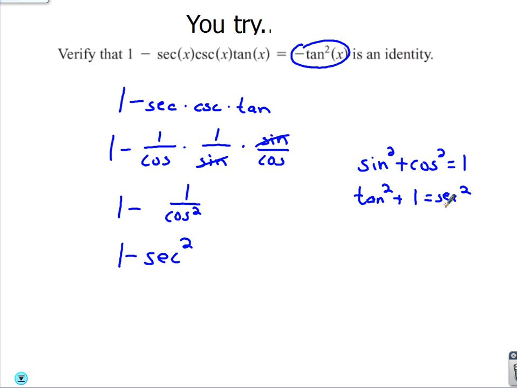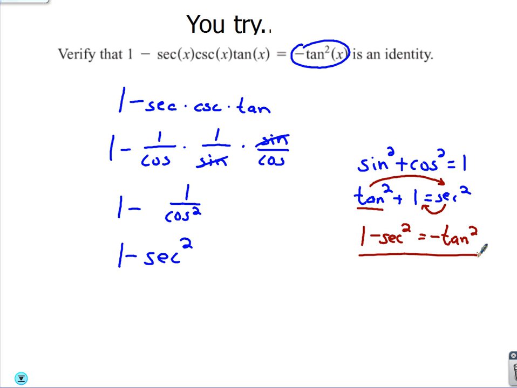So I'm going to move this secant squared over here. You see then you've got a positive 1 and a negative secant squared. But to get that by itself, I'm doing a double flip there. I'm moving tangent squared to the other side. That turns my identity that I know is true into 1 minus secant squared on the left side, negative tangent squared on the right side.